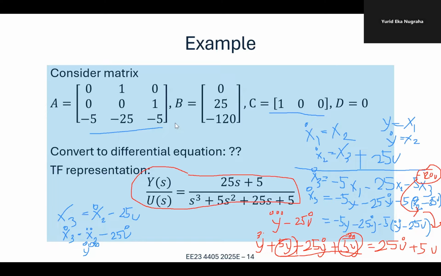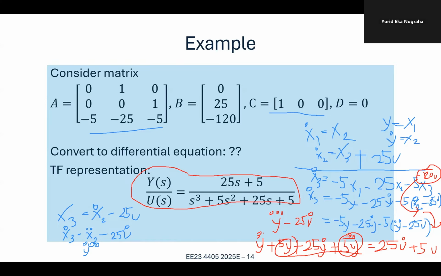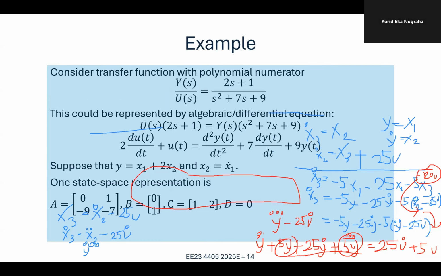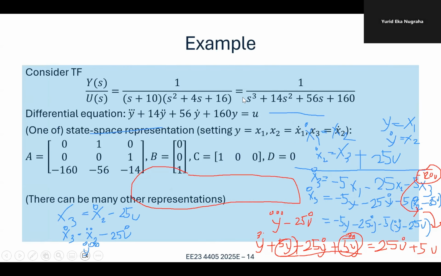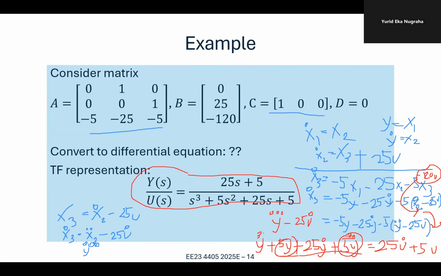So that's one example. Another example, how to convert the state space to transfer function. So the previous ones convert transfer function to state space. This one is to convert from state space to transfer function.